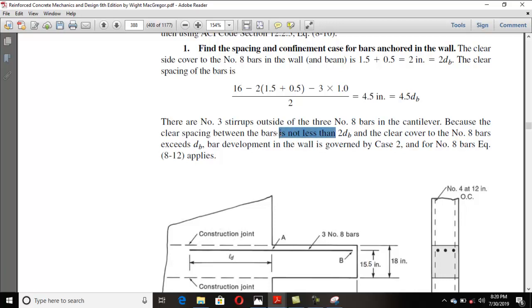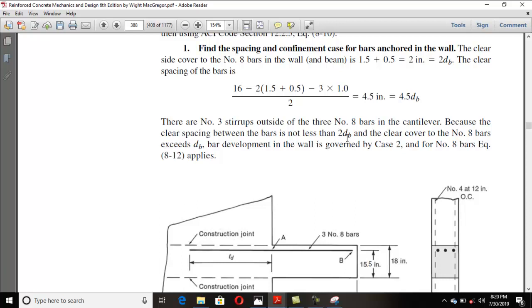Okay, means this is the criteria for case number 2, that if the clear distance in between the bars is 4.5, is not less than, because the clear spacing between the bars is not less than 2 dB, and the clear cover to the number 8 bar exceeds dB.